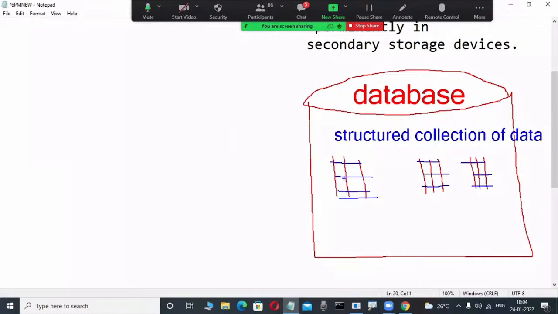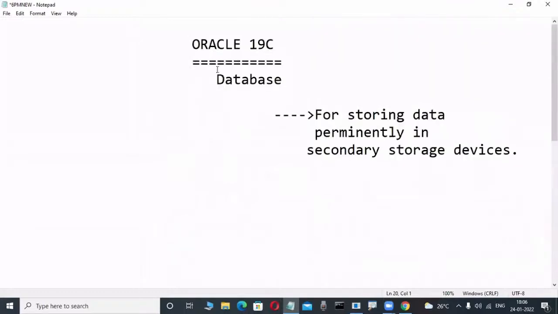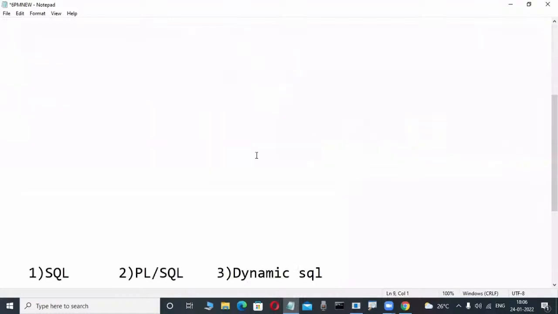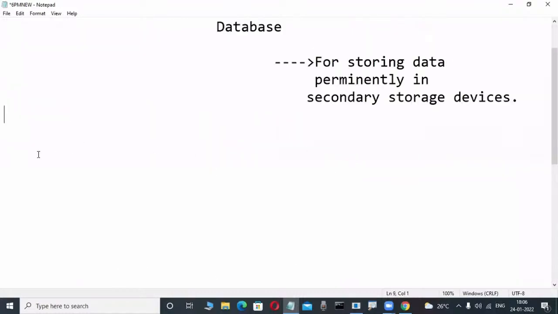Once a structured collection of data is there, for handling and operating on this data, which language do we use? Very good, SQL, Structured Query Language. That's why these databases are implemented based on the relational data model. What is that? Today I will tell you. Oracle, SQL Server, DB2, Sybase, MySQL, all these databases are implemented based on the relational data model.